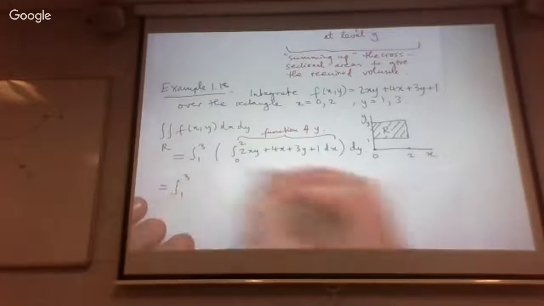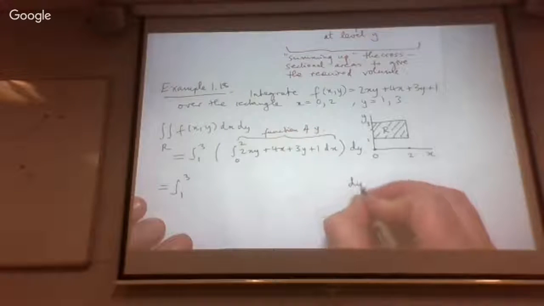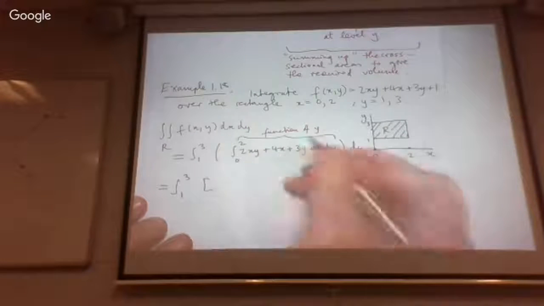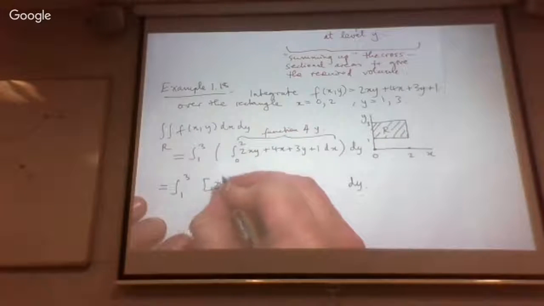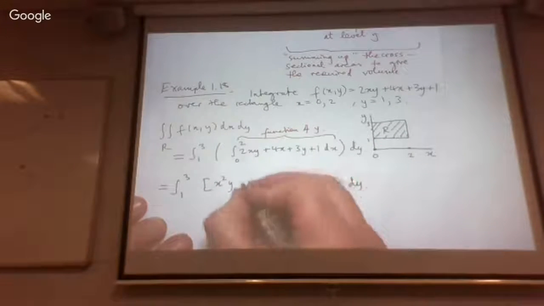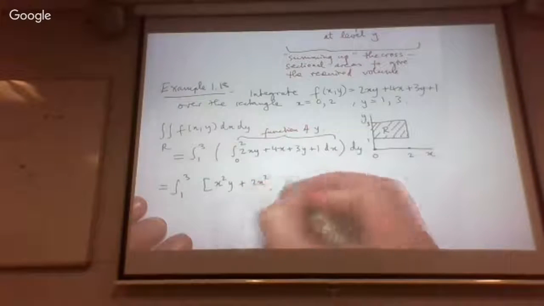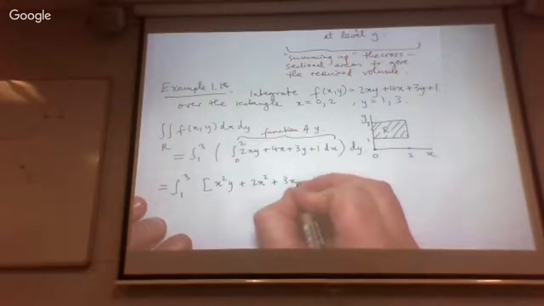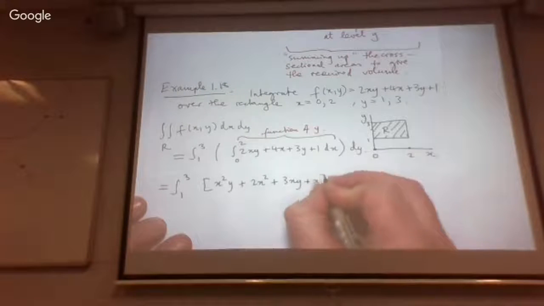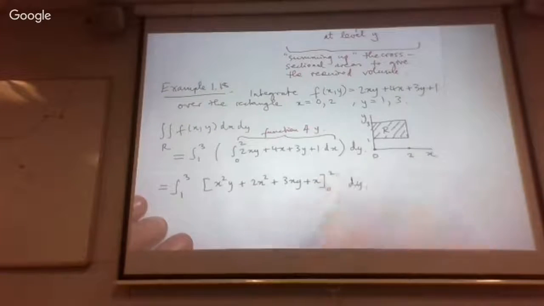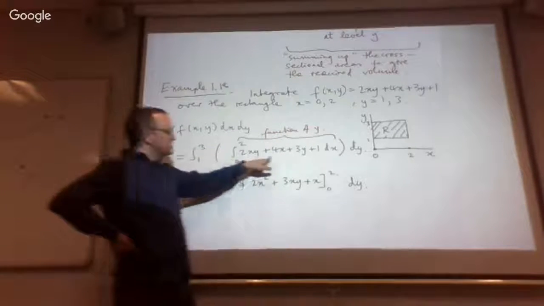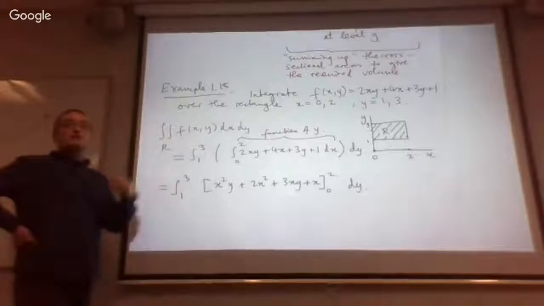So the outer integral remains unchanged. We're integrating the inner function with respect to x. So it has integral 2x squared plus 3xy plus x. So you see what's happened there? We've integrated the polynomial with respect to x.